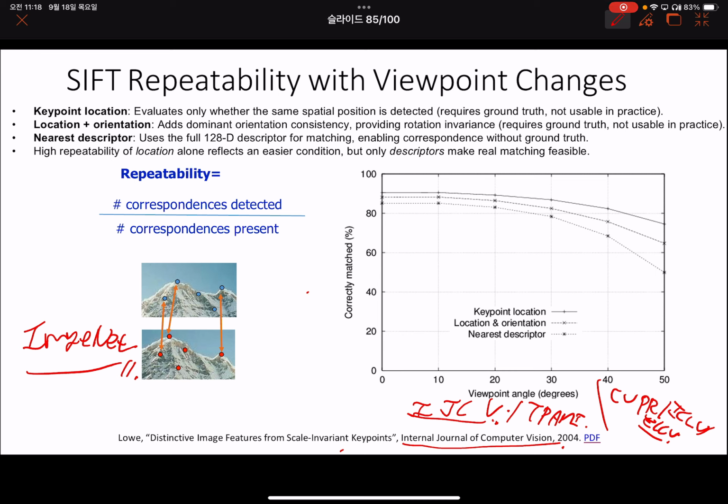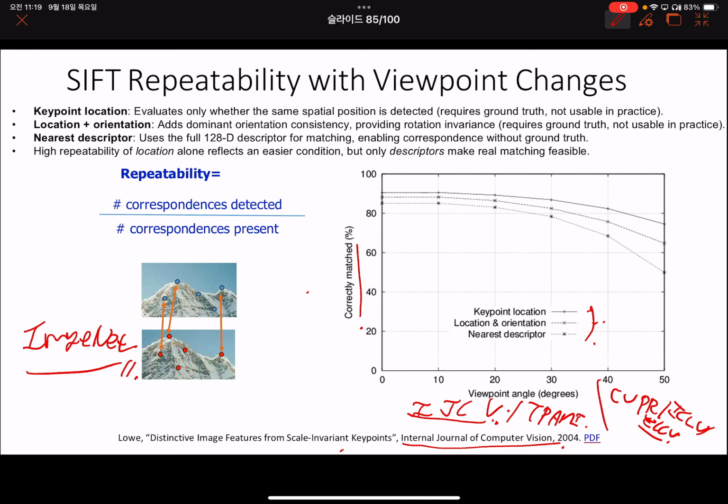So this is very hard to see. In the first one, we can clearly distinguish these patterns. From this graph, this is the correctly matched percentage. It seems only using key point location gives the best choice, but actually it is not.